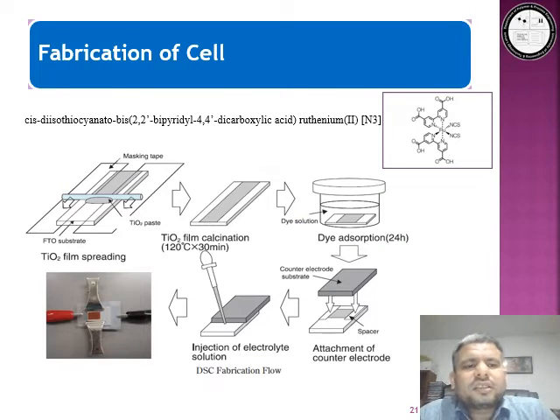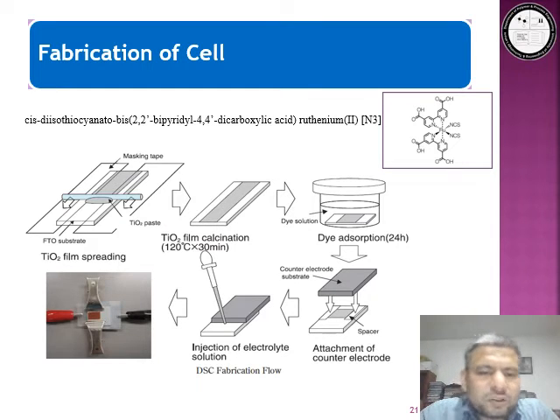Now, how to fabricate the solar cells? The first step is that titanium coated glass was heated at 450 centigrade for 30 minutes. Then the coated substrates were dipped in a 0.5 millimolar dye solution for 24 hours. After complete sensitization, the photoanodes were washed with methanol to remove the free dye. Similarly, as you see in the figure, platinum coated substrates were annealed at 450 centigrade for 50 minutes to make the counter electrode.